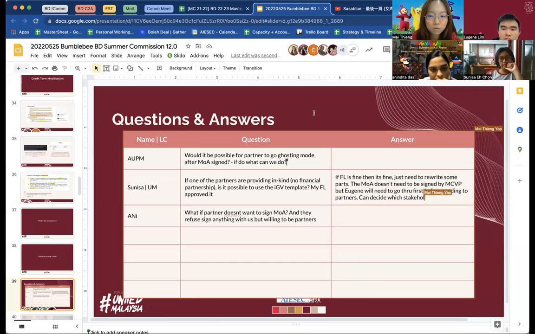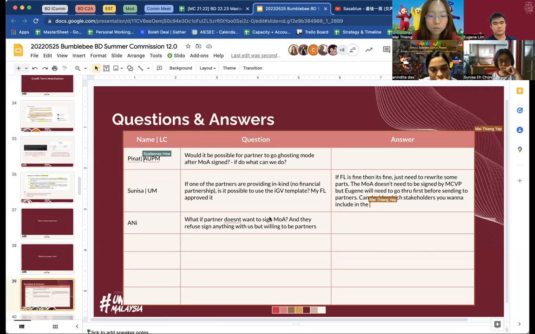But just to add on, I would recommend that the VPFL also sign the MOA, since there's a part where the FL will be receiving the money, so they are also a big stakeholder. So don't forget FL.